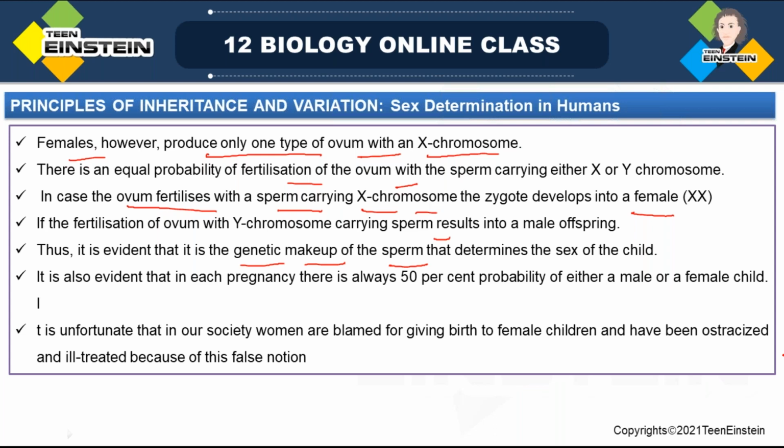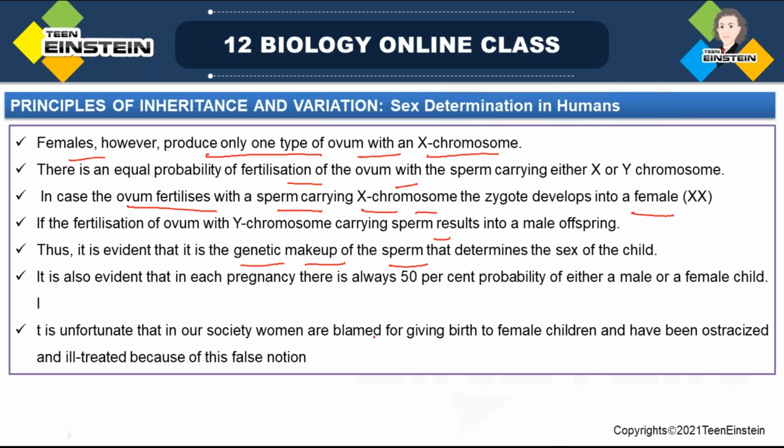People say that if a girl baby is born, oh, we didn't get a baby boy. Always they'll say like that. Actually, always they are blaming women for the birth of the baby.